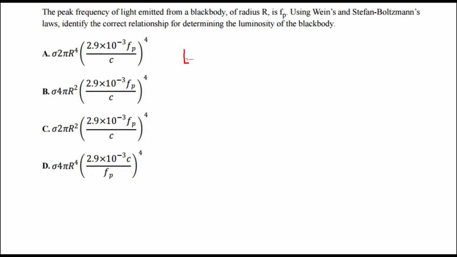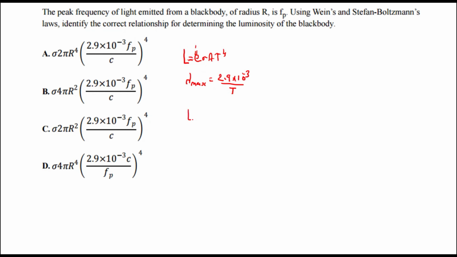The Stefan-Boltzmann's law is nothing but L is equal to epsilon sigma A T to the power 4, and Wien's law is lambda max is equal to 2.9 into 10 to the power minus 3 over T. And we know the special case that for a black body, emissivity is equal to 1.